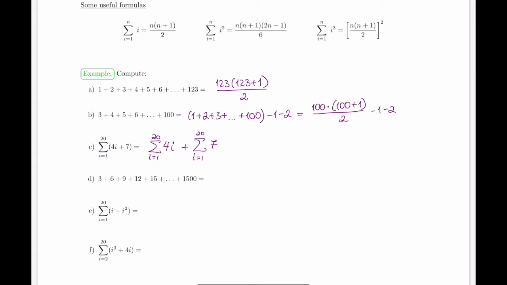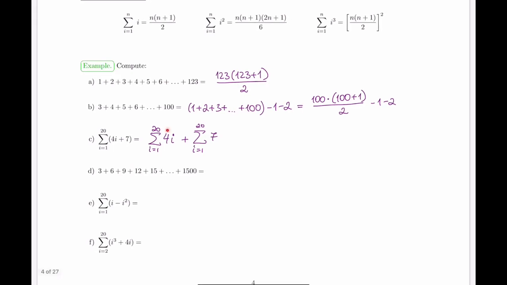And then, using one of the other rules from last class, I remember that I can take this 4 and put it outside of the summation. So in my next simplification, I can have 4, the sum from 1 to 20 of i, plus the sum from 1 to 20 of 7.